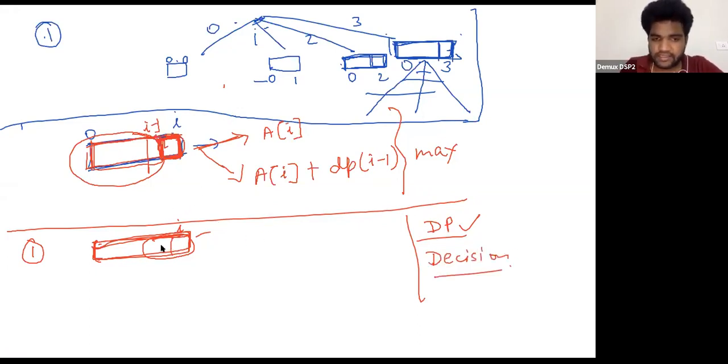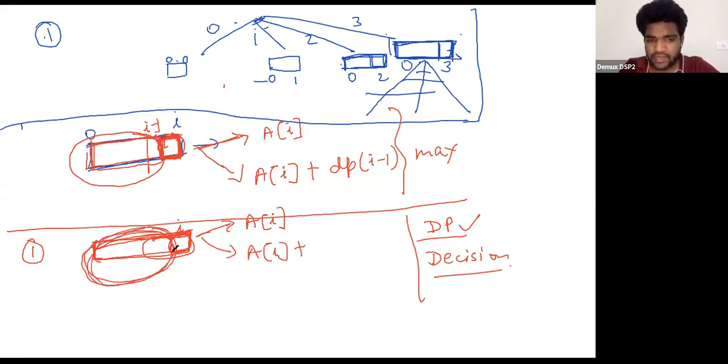The decision here is that I can choose a subarray of length 1, or I can choose a subarray of length more than 1. If I choose a subarray of length 1, then my answer is only AI, right? If I choose a subarray of length more than 1, then my answer is AI plus whatever answer I can get from this part.